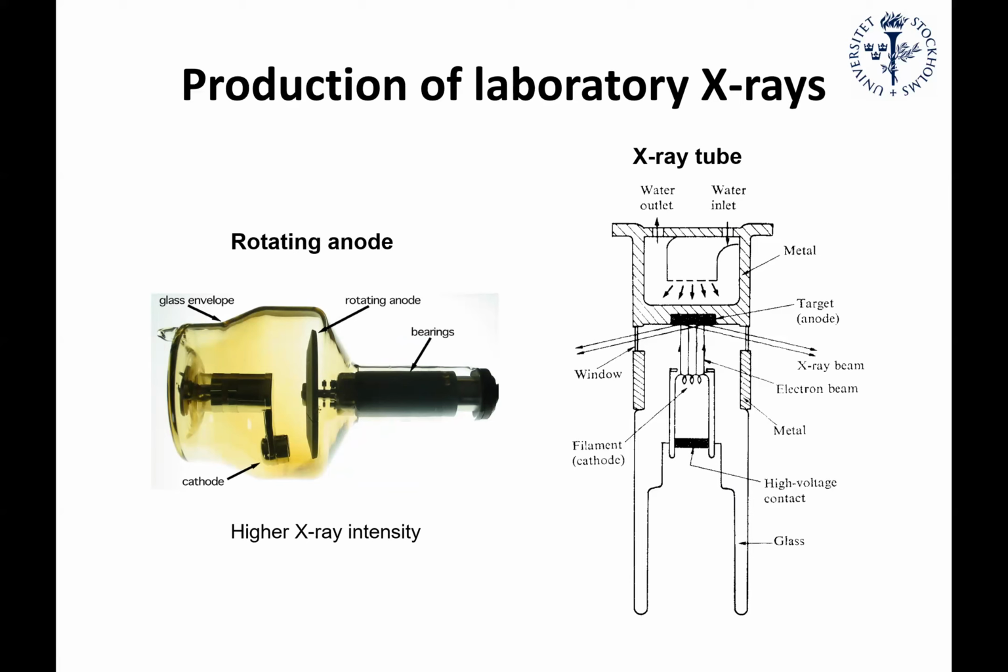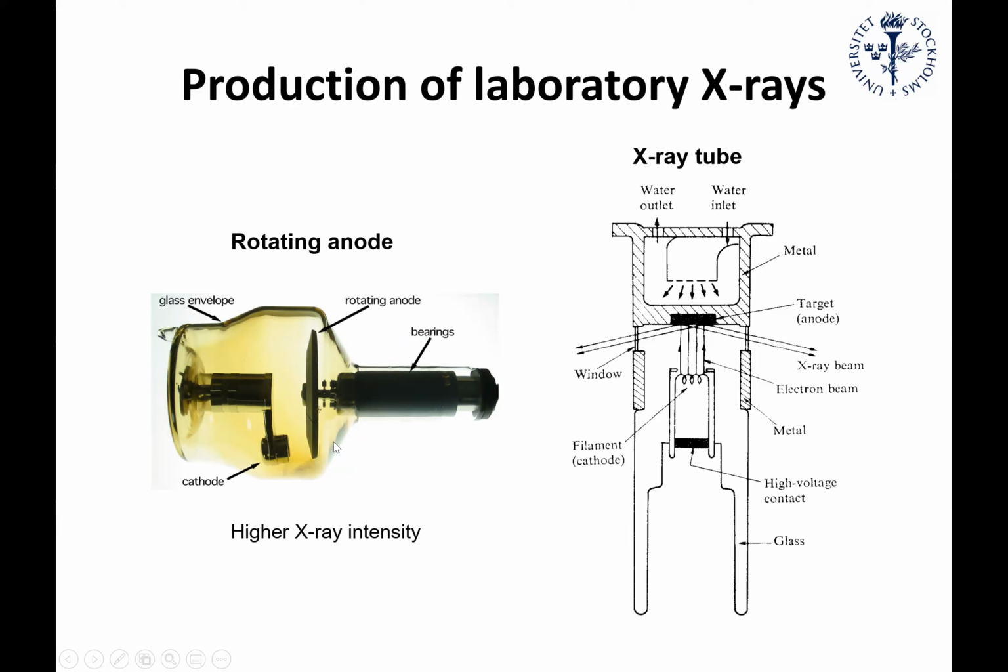But if you have a rotating anode, so say this is your cathode, your filament, electrons are being emitted from the cathode and they hit the rotating anode here. But since the anode is rotating, you're no longer hitting the same spots all the time. You're changing the position of the spot that's being irradiated.